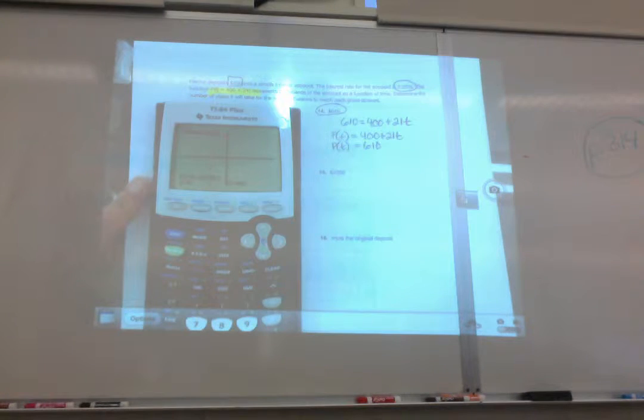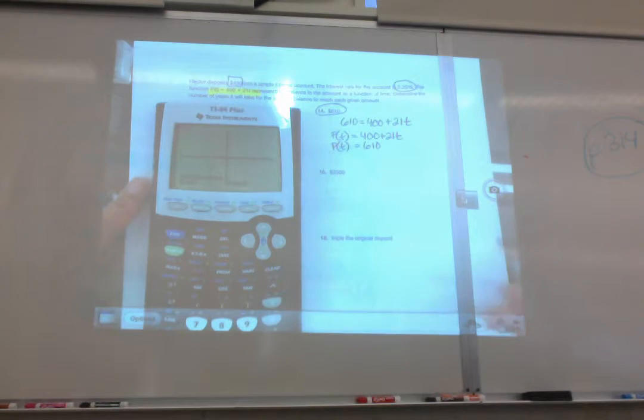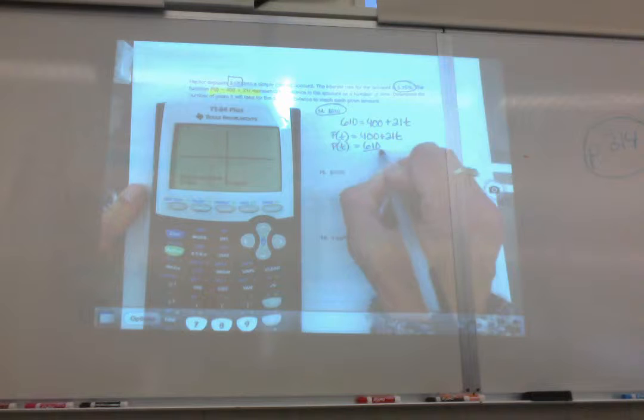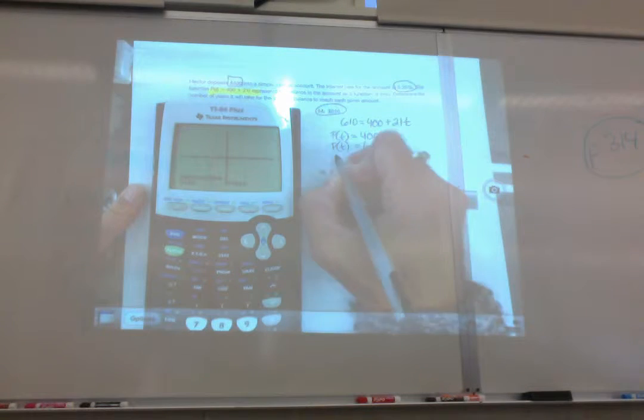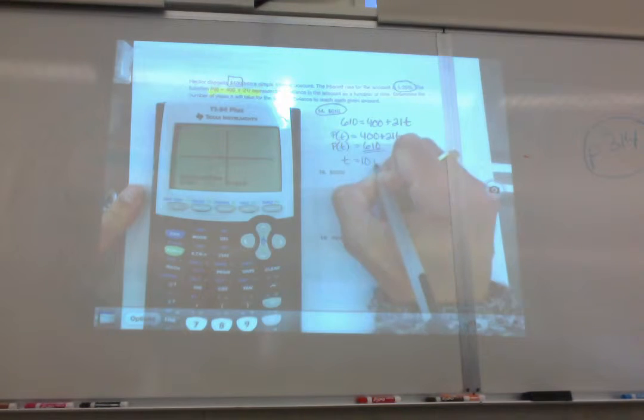I can't see them, but apparently it can. It's asking me for a first curve. I'll push yes. Second curve, I'll push yes. Guess, please. Okay, so y is 610 when x is 10. So the amount of money is $610 when t is 10 years.